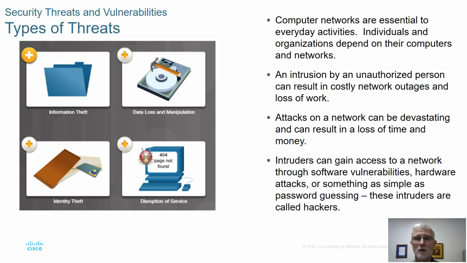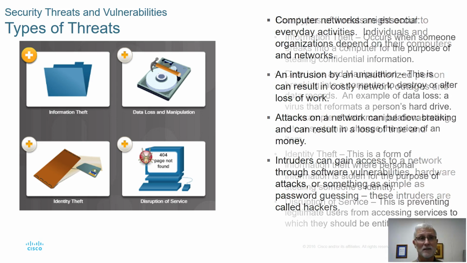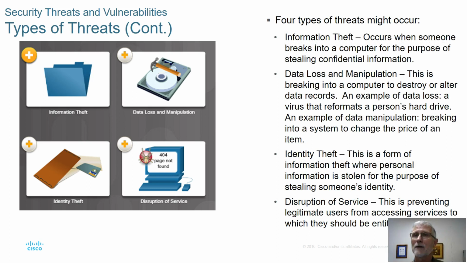Now, what we want to make sure is that no unauthorized person intrudes into our network and causes an outage, because the results can be devastating to the business, costing time and money in a lot of cases. So there are four types of threats, like I mentioned. Information threat occurs when somebody breaks in to steal confidential information.